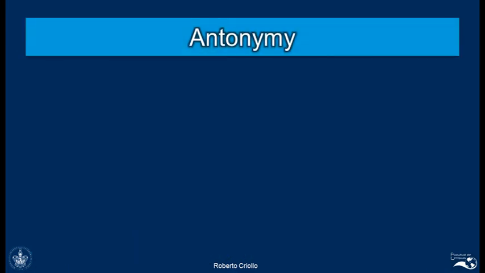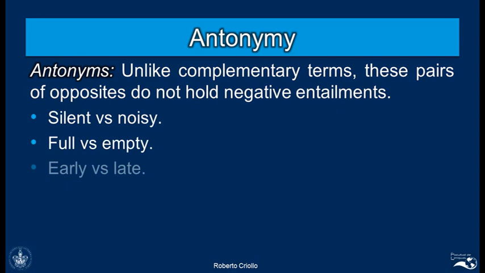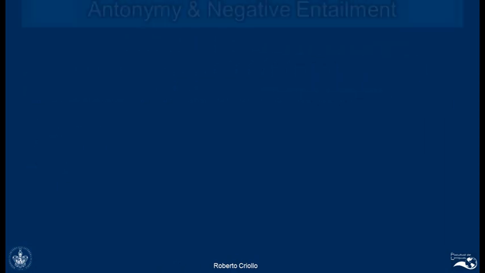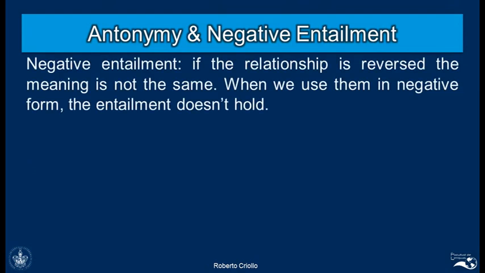Now, antonymy is a different kind of oppositeness because in this case, unlike complementary terms, antonyms do not hold negative entailments. Some examples will be silent versus noisy, full versus empty, and early versus late. In these examples, we will see how antonyms do not hold negative entailments.